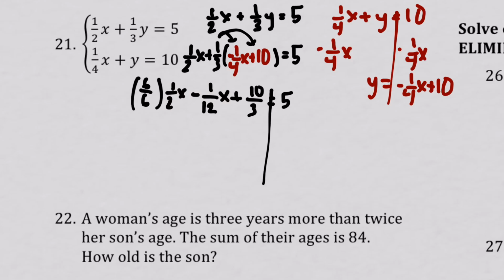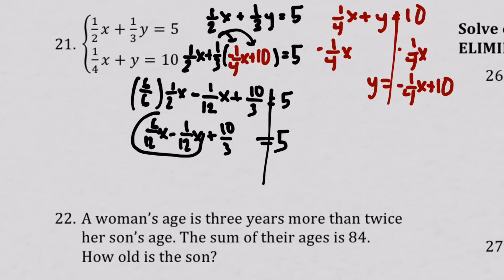Okay, so here's what it is now. 6/12x minus 1/12x plus 10/3 equals 5. Now I can put these two together. 6/12x minus 1/12x is 5/12x plus 10/3 equals 5.